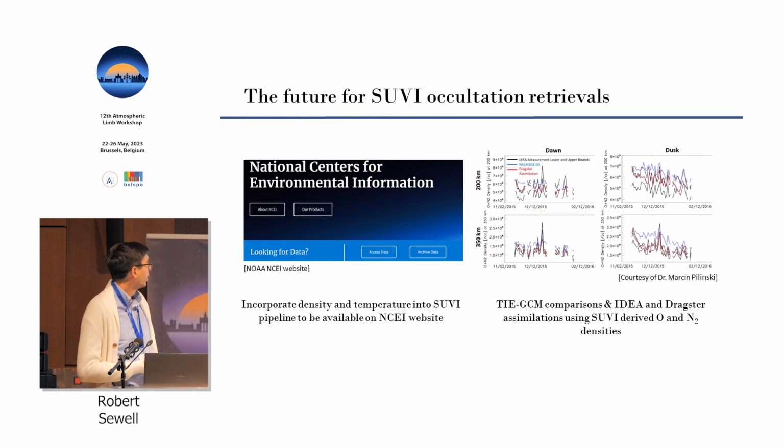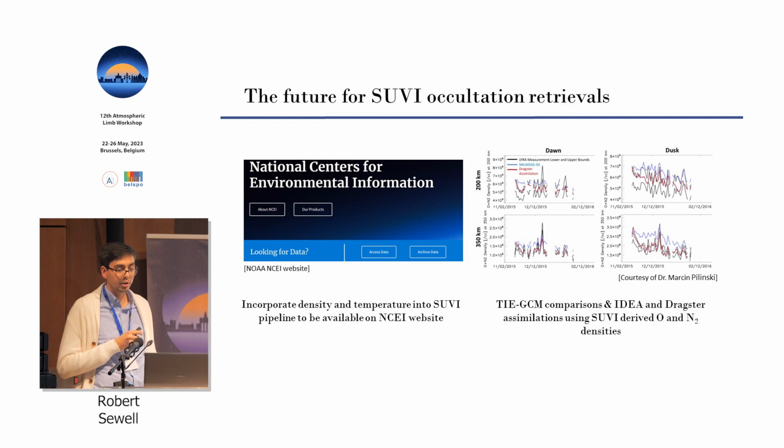So the future of SUVI occultations, as I've been hinting through this, we're trying to get this into a real-time data pipeline. We're working with NOAA and their branch of the National Centers for Environmental Information to get this incorporated into the real-time SUVI data pipeline. And this should be available on the NCEI website this summer, with the first real-time measurements happening during the fall occultation season of 2023.